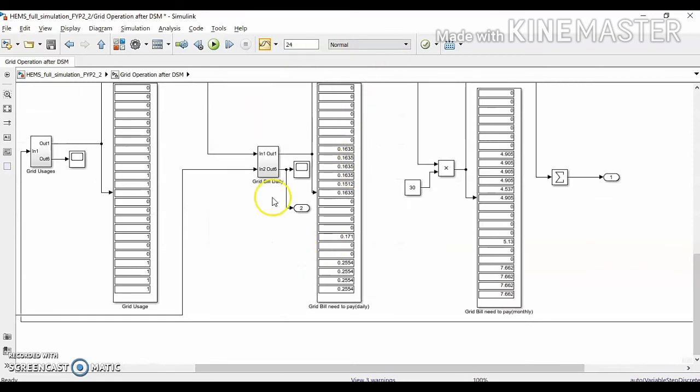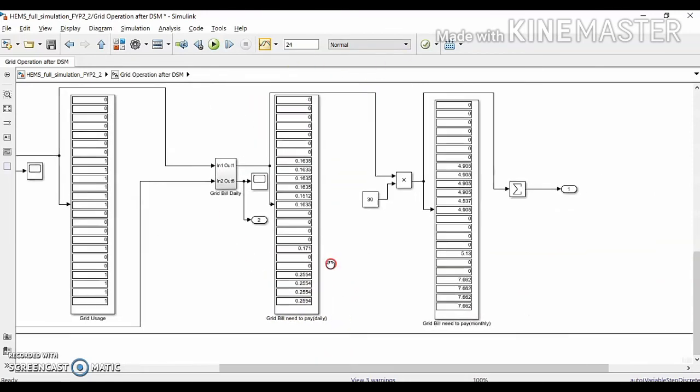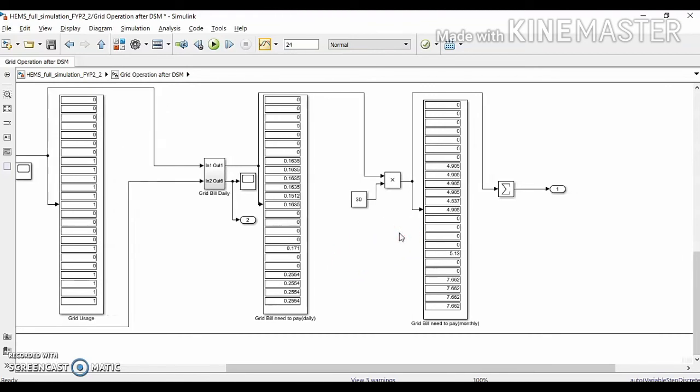So this is the grid bill that we need to pay. We calculate it from the price rate times the power load that remains after we subtract the renewable energy.